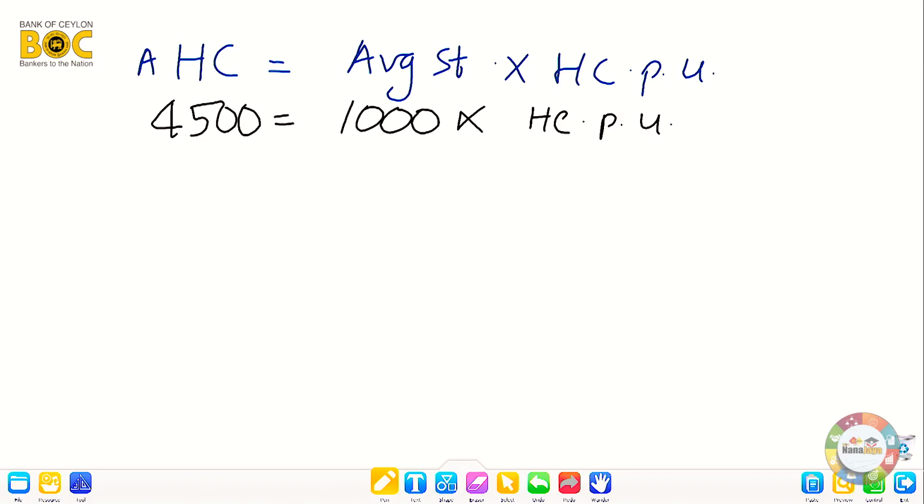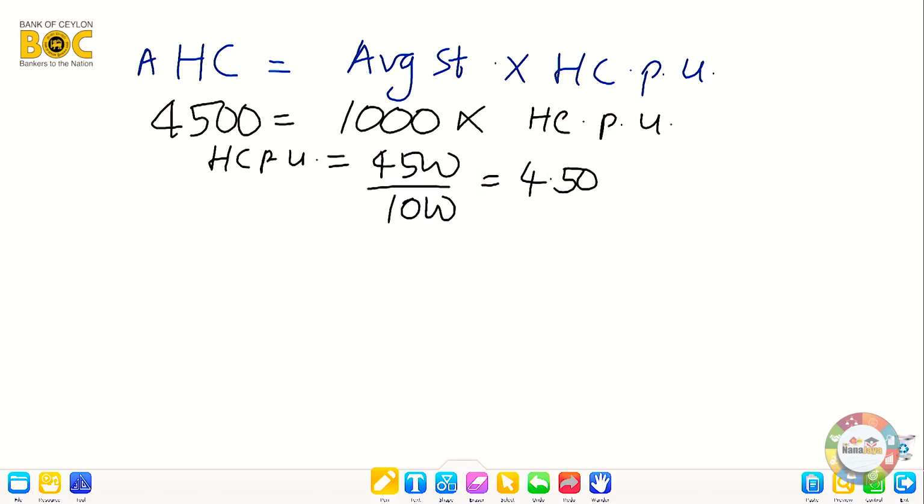And the holding cost per unit equals 4,500 divided by 1000, 4 rupees and 50 cents.